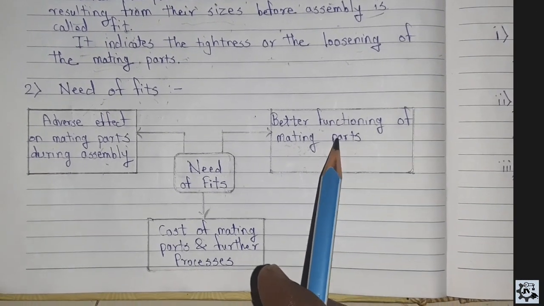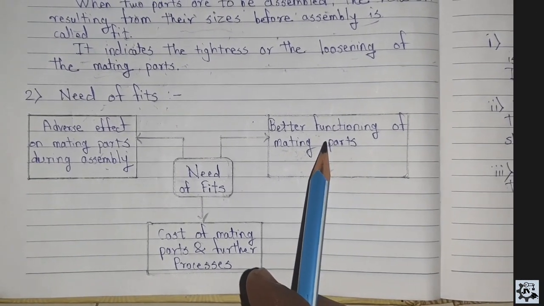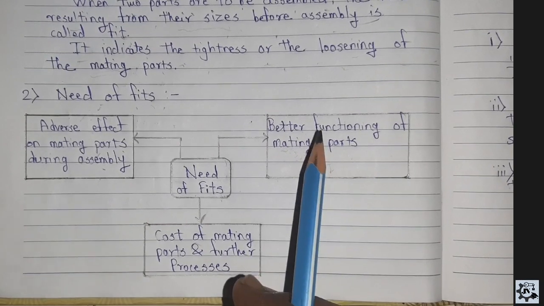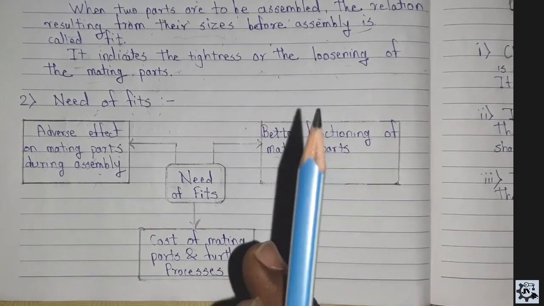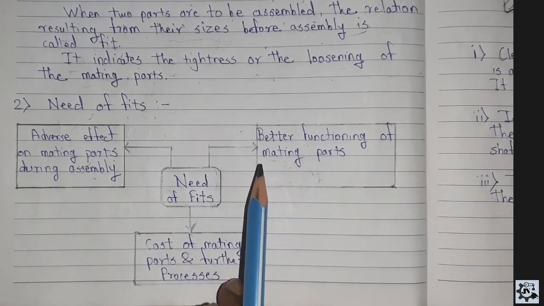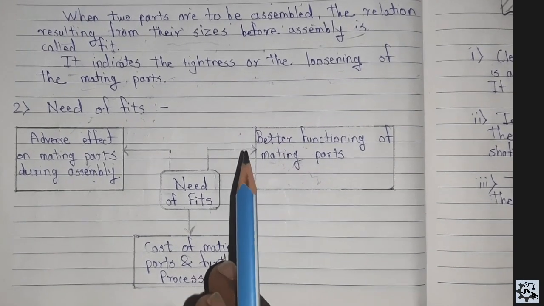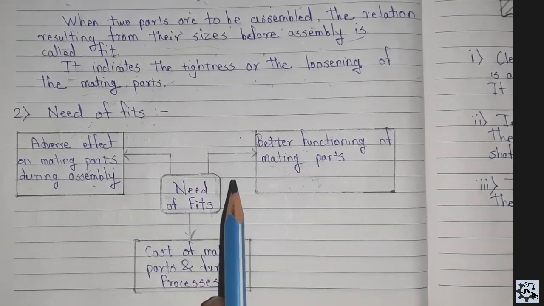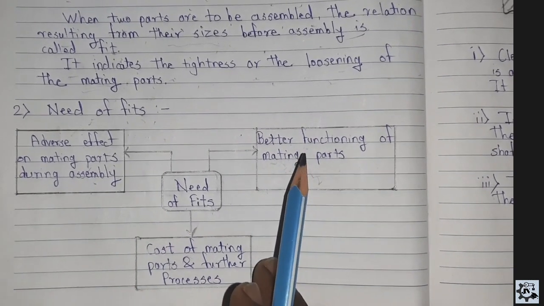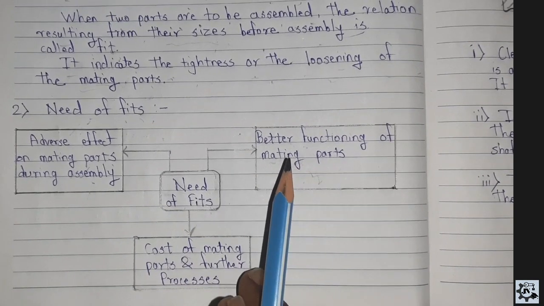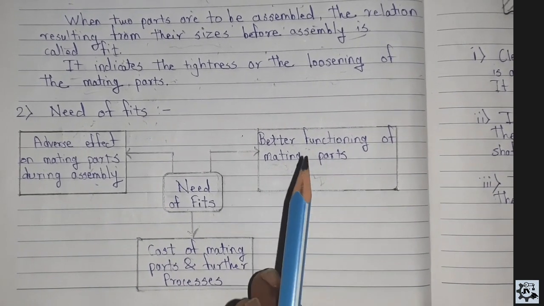On the other hand, let's consider we have assembled two mating parts without considering their fits relationship. Even though initially during assembly these parts may look okay aesthetically, during functioning there may be high chances of breaking of the mating parts if they are too tight.